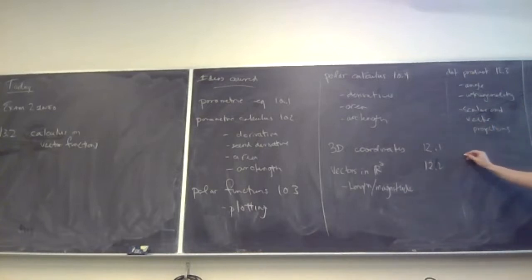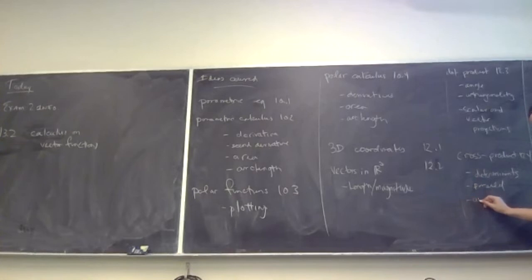Cross product, which is 12.4. Here we had determinants, the idea of vectors being parallel using the cross product, and the area interpretation.